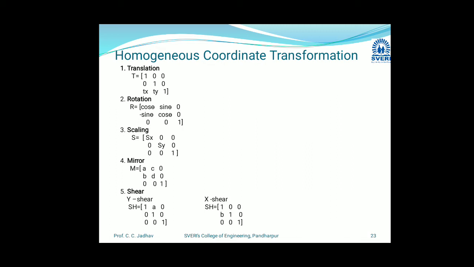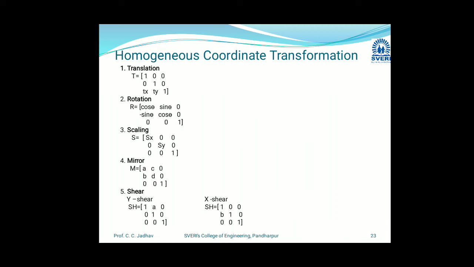According to that we write the homogeneous shearing matrix, capital SH is equal to 1 a 0, 0 1 0, 0 0 1. In that, small a is the shear in y direction value. In x direction, SH is equal to 1 0 0, b 1 0, 0 0 1. That is, b is the shear in x direction value.